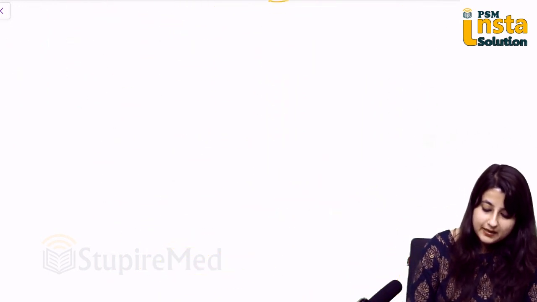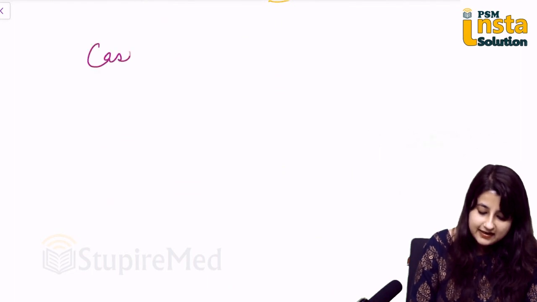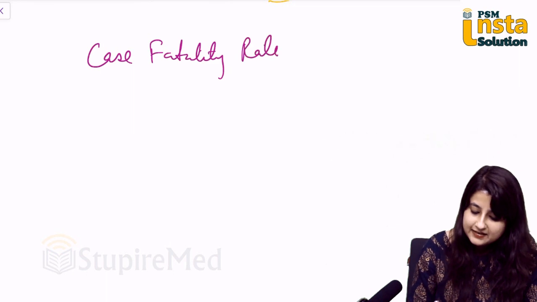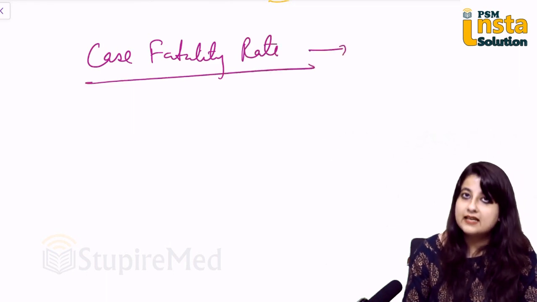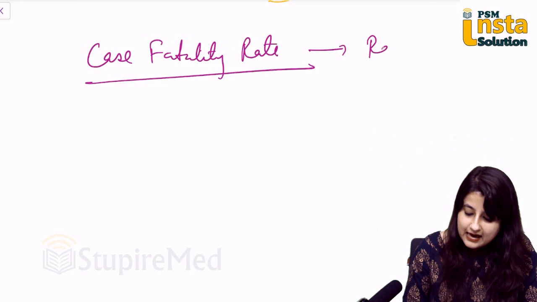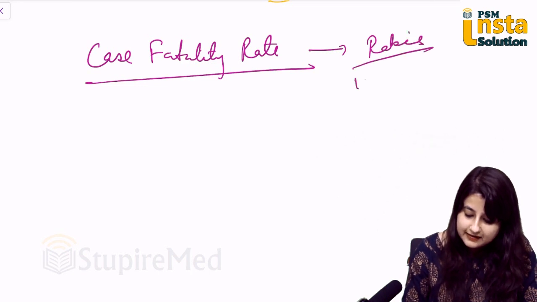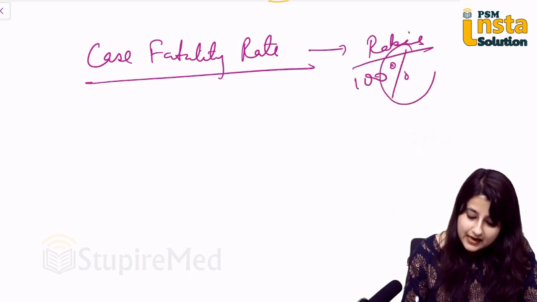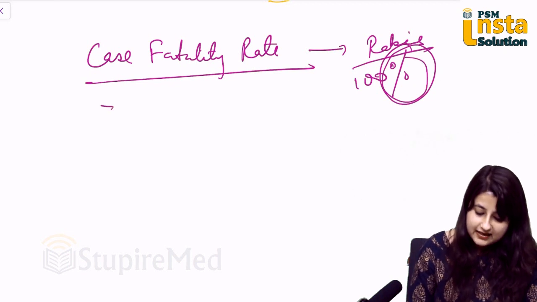Another example, just to make it clear, is case fatality rate. Okay, what is case fatality rate? Although I say it is a rate, if I ask you what is the case fatality rate of rabies, what will you say? 100%. That means the multiplier in this is 100. What is case fatality?